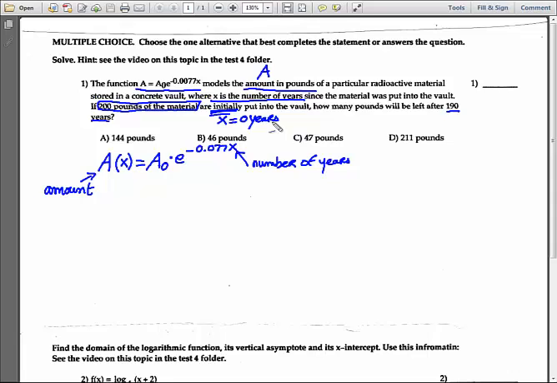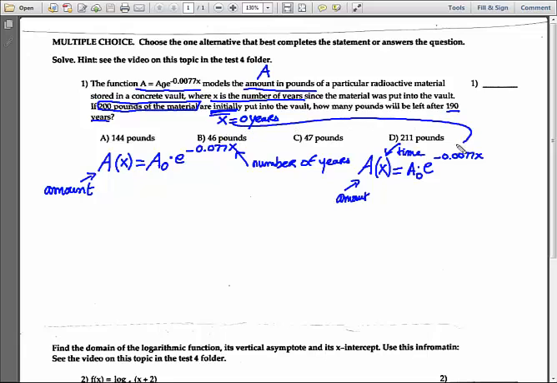So let's see where this value plugs in. Let's look at our equation for the amount, which is a function of the time. A is the amount and x is the time. They gave it to you as A sub 0 times e to the power negative 0.0077x. Let's plug in x is 0 years to see what's going on when the time is 0.